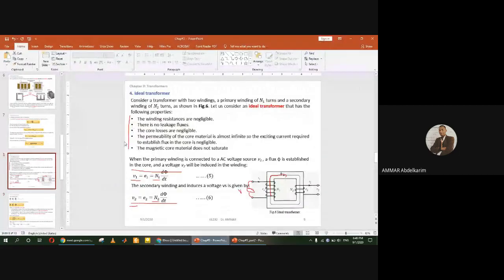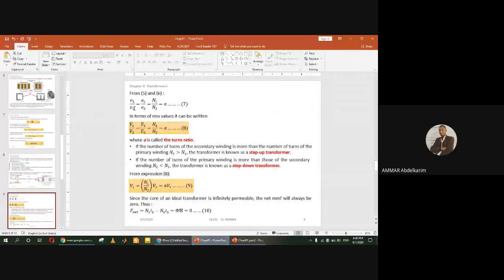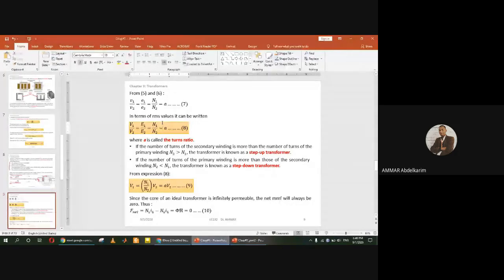V1 over V2 equals E1 over E2 equals N1 over N2. Here in number 8 they are written in terms of RMS. The small letters are instantaneous values and the capital letters are RMS. No problem, so let's work with RMS values.